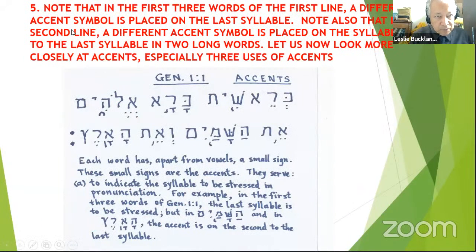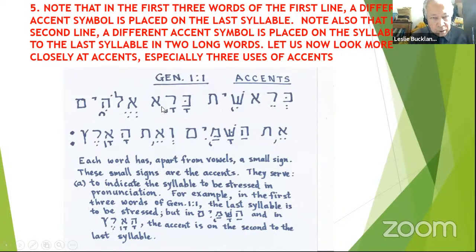Number 5, note that in the first 3 words of the first line, a different accent symbol is placed on the last syllable. Let me deal with that first. So let us look. These are the first 3 words.